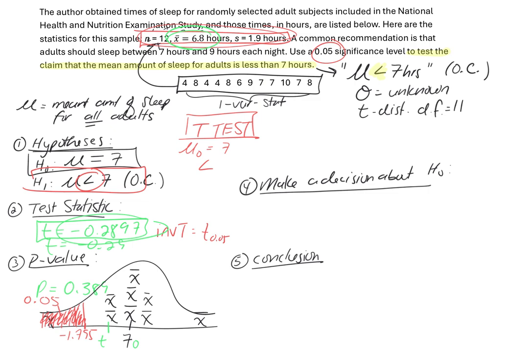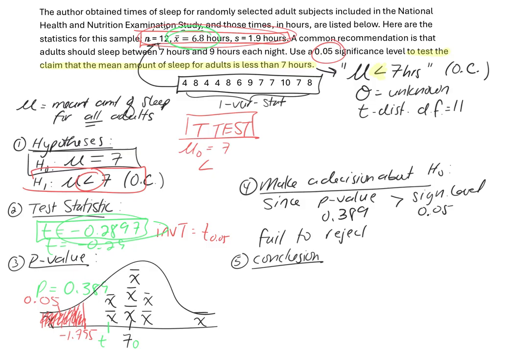And so here we can already see what decision we're going to make in step 4. If you're using the p-value method, we can say since our p-value of 0.389 is greater than our significance level of 0.05, we will fail to reject the null hypothesis claim.